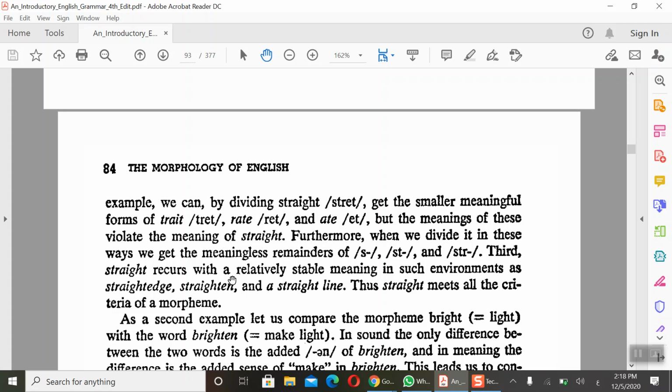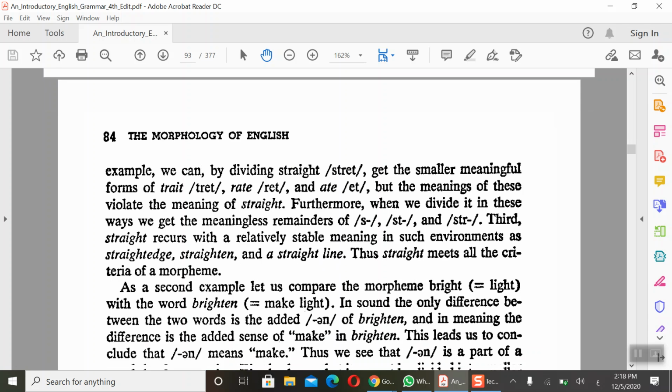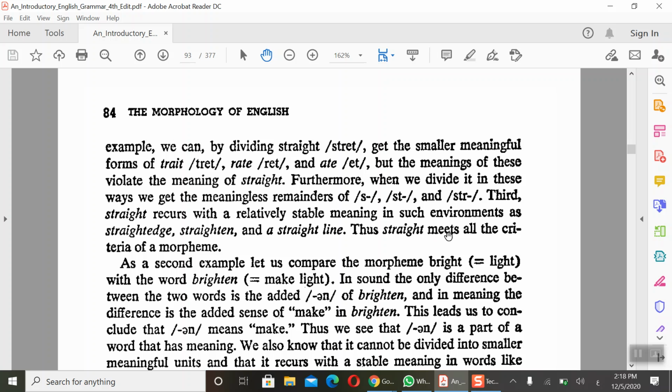It comes with line, straighten, straight edge, and the meaning is still stable. Thus straight meets all the criteria of a morpheme. So since it meets all the conditions, all the criteria, it is a word. So it is a morpheme. Okay.